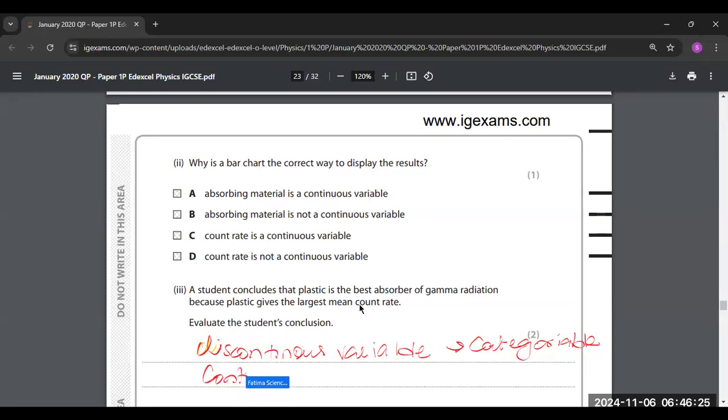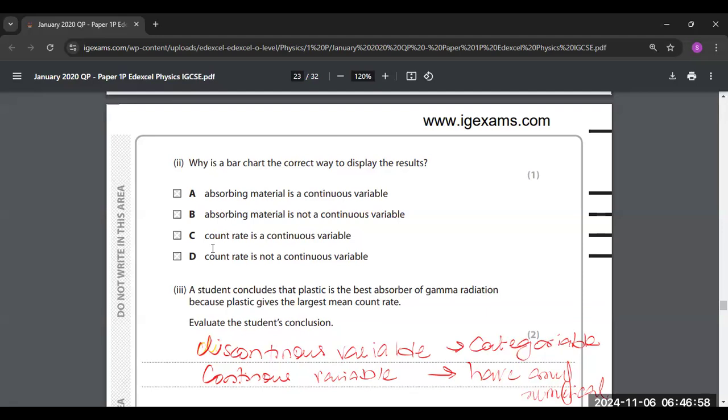Then we have continuous variables. A continuous variable can have any numerical value. Examples include your radioactivity count. Count rate is a continuous variable, it can have any numerical value. Your height, your weight, your age, they can all have any numerical value.